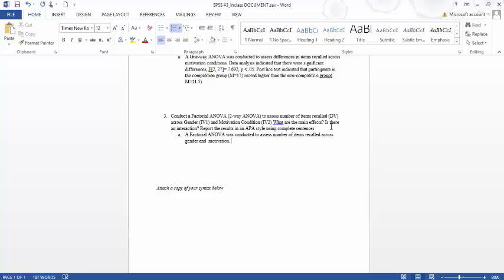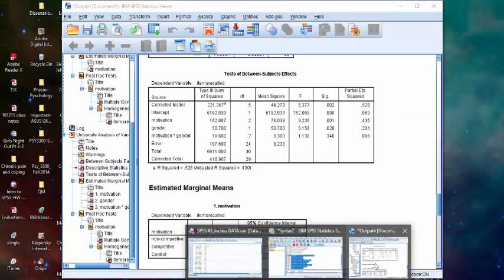And say data analysis indicated a main effect for motivation. So we have our F, our brackets, our degrees of freedom, and our degrees of freedom error is 24.